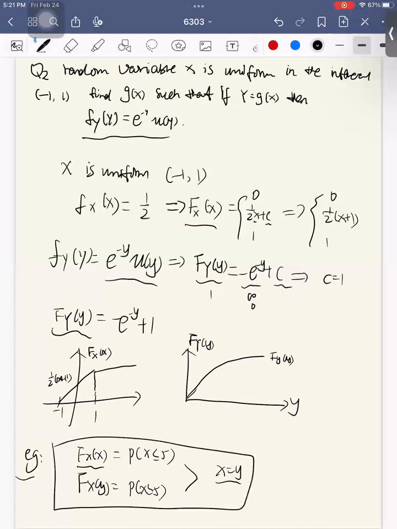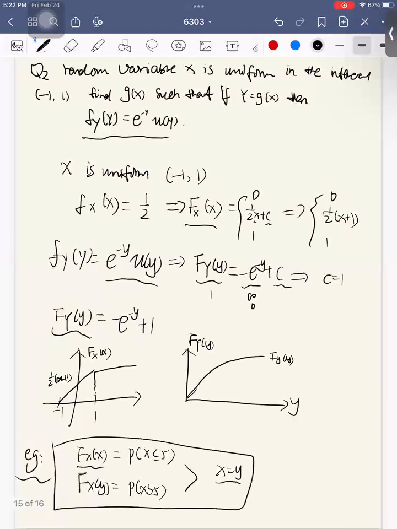These two are just an example, not very related to this problem. So based on this fact, we can write the equation in here, which looks like this, equal to capital F_Y, this thing.